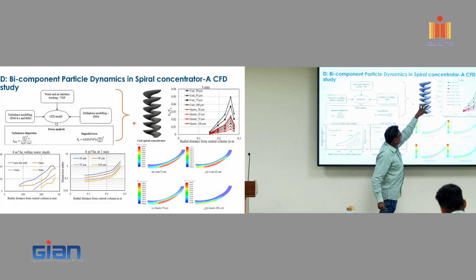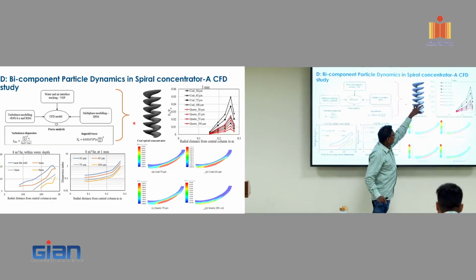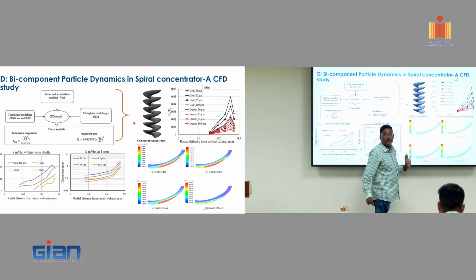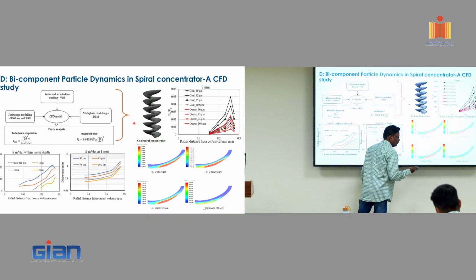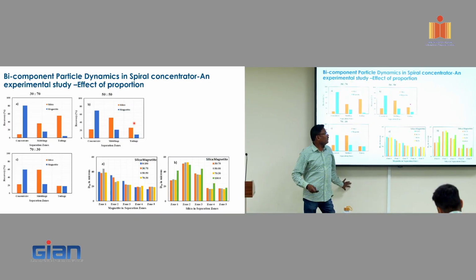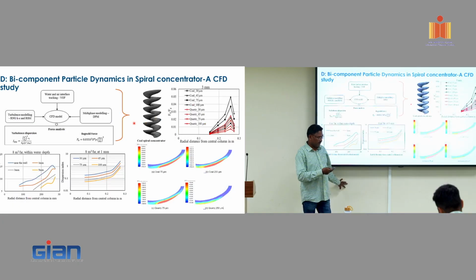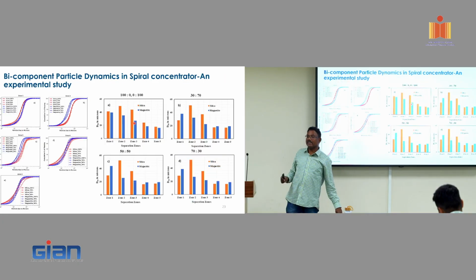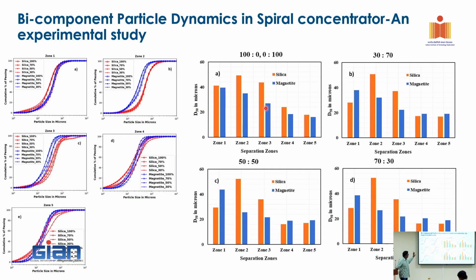Zone 1 and close to zone 2 is your concentrate product, then the middling, and then zone 5 and those are outer. If you look at it here, we see zone 1 to zone 5. And we varied not just the pure components. We have done experiments with the pure components, the silica ones and the magnetite ones.